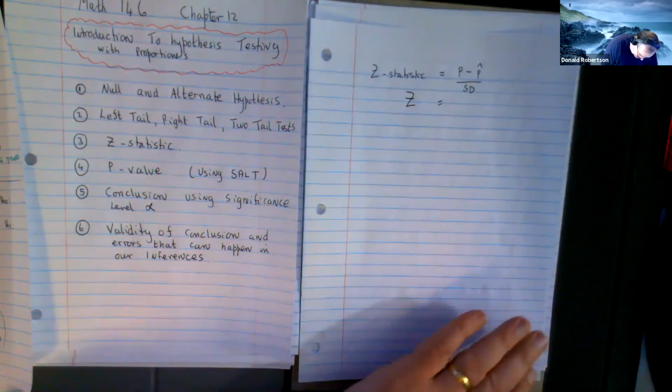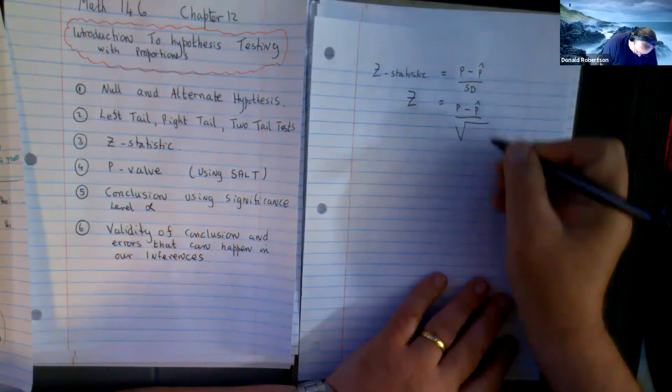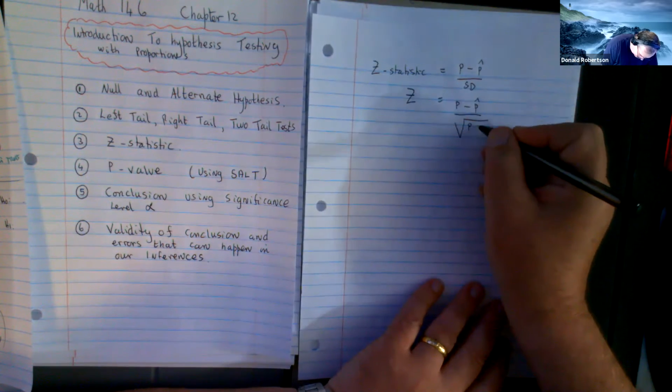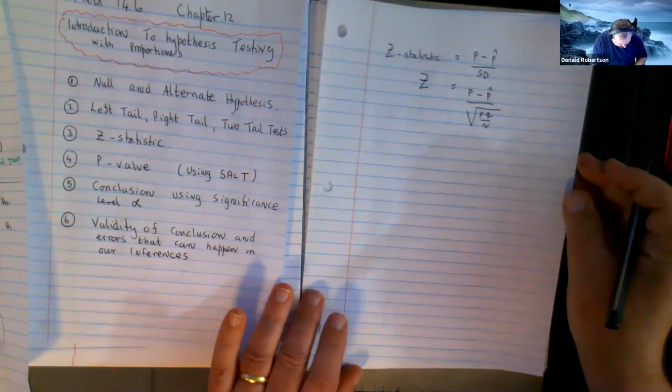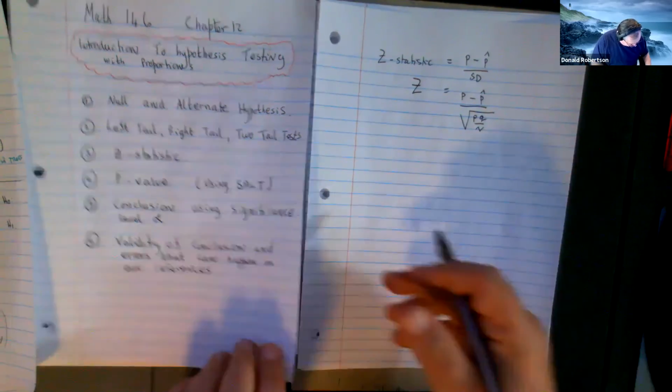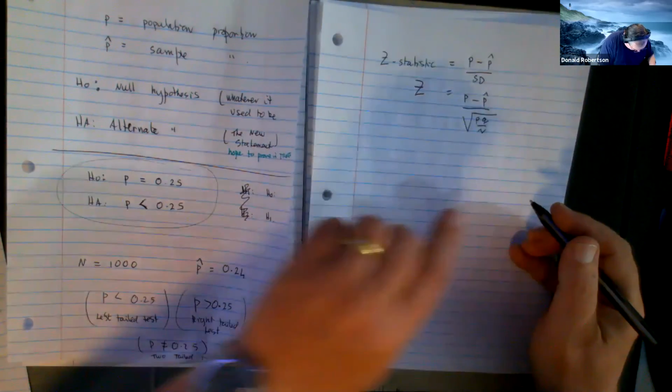And it's P hat take away P, over the square root of P, Q over N. So this new statistic, the Z statistic, here's my story.